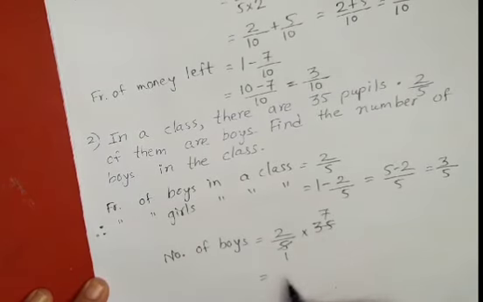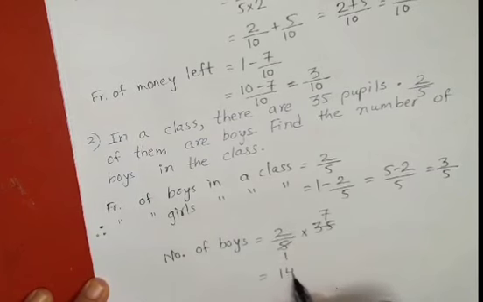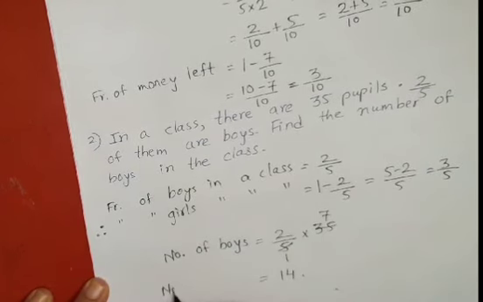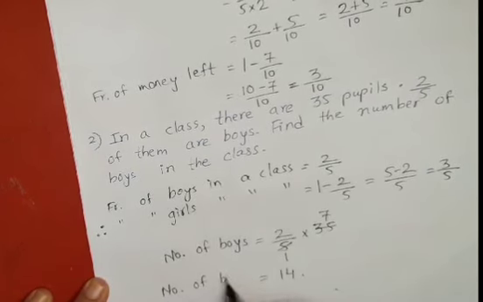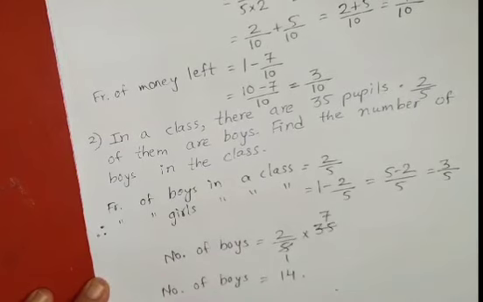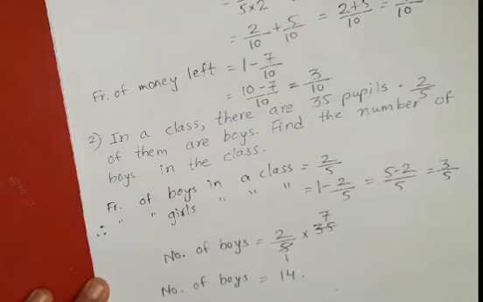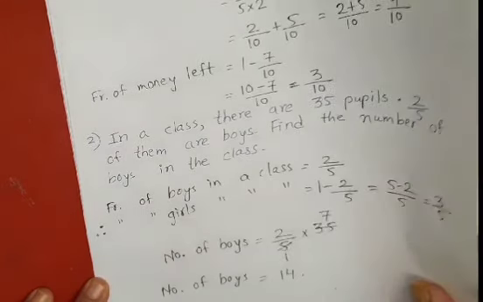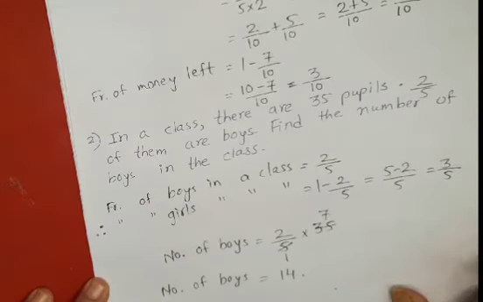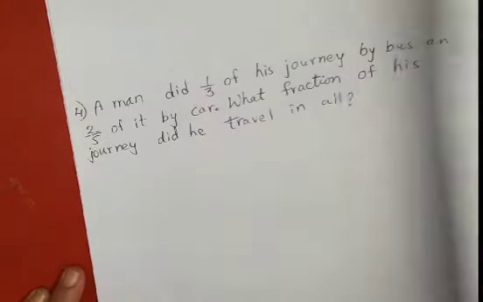After cancellation, we get the number of boys is 14. Number of boys is equal to 14. In this way, we can find out the fraction either by addition or subtraction or multiplication or division. Let us see two more examples.